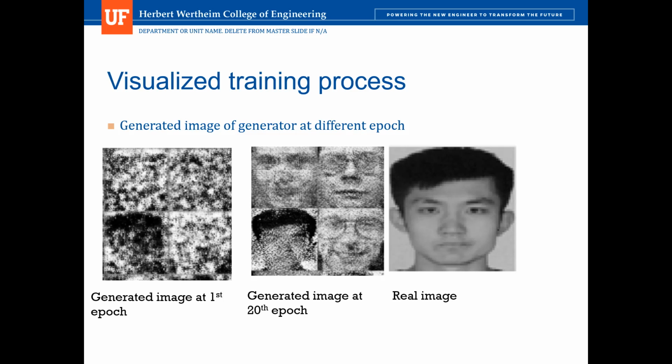After the 20th epoch, our generated image becomes more and more realistic, and the second image is our desired output for my face, which corresponds to the left bottom face of the second image. We can find the left bottom image of the second image is very close to our real image.